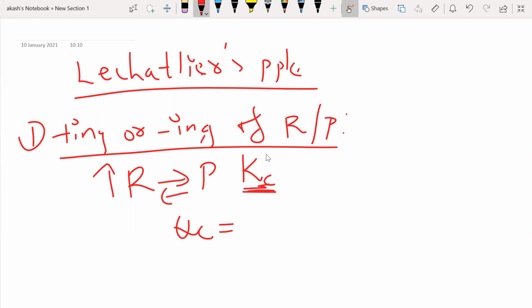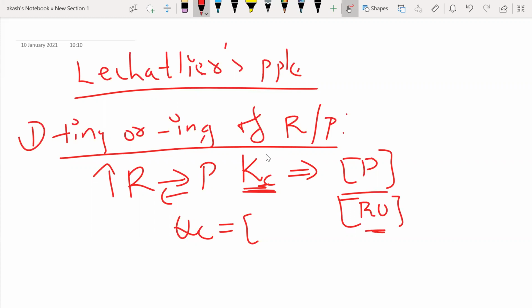Now say when the equilibrium was there, I'll represent it as P, the product concentration, divided by R naught, where R naught is the concentration of reactants at equilibrium.